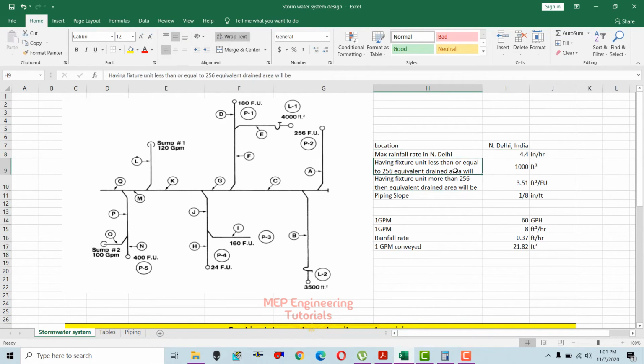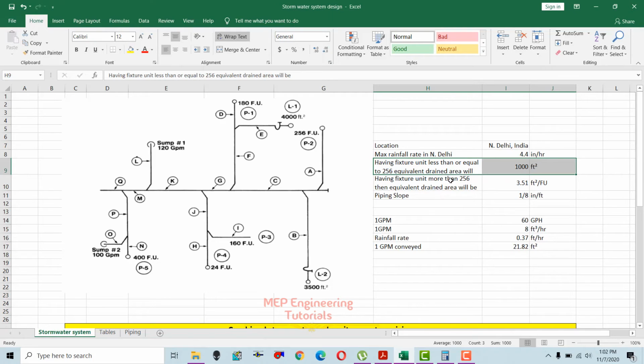So here is the procedure for the combined stormwater and sanitary drainage system, which we need to follow as per standard. If you have less than or equal to 256 fixture units, then the equivalent drained area you take is 1000 square feet. Let's say if you have 200 fixture units, then the equivalent drained area which you will take as per procedure is 1000 square feet.